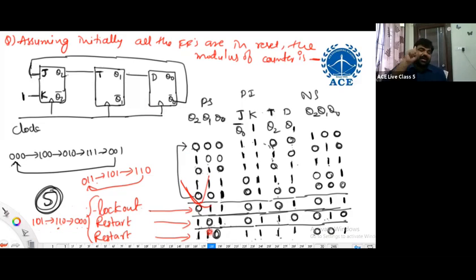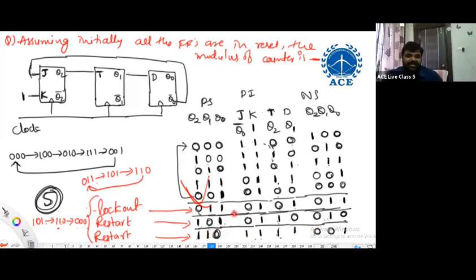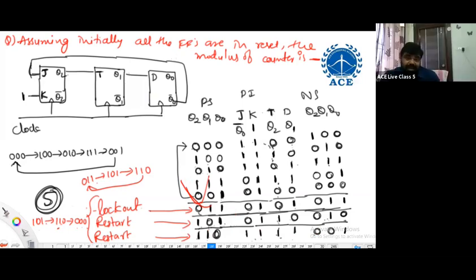That is the reason: the number of distinct states the counter is repeating is called the modulus of the counter. Understood now? So we can't say the modulus of the counter is 6, sir. That is the reason I clearly gave the statement: the number of distinct states the counter is repeating is called the modulus of the counter.